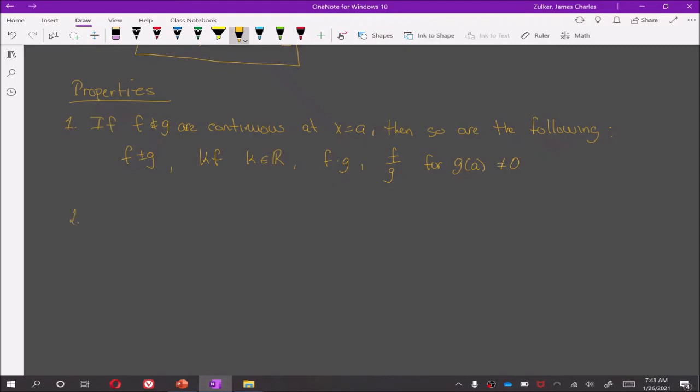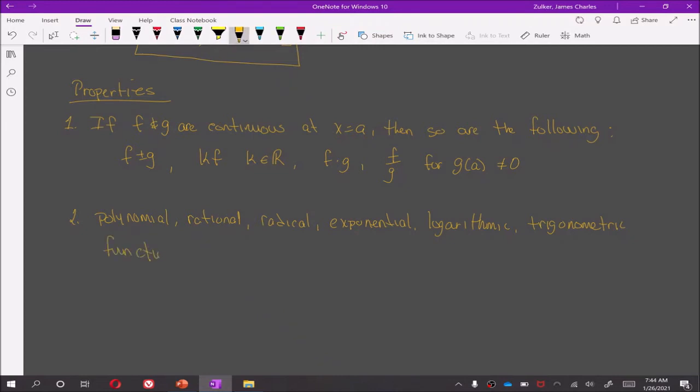Second, polynomial, rational, radical, exponential, logarithmic, trigonometric functions, and I'm going to stop with trigonometric functions.